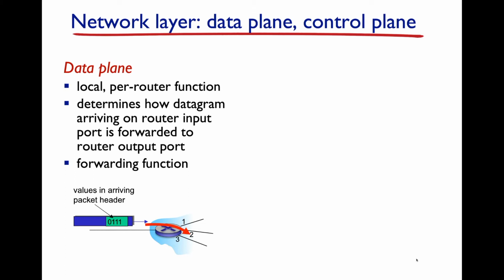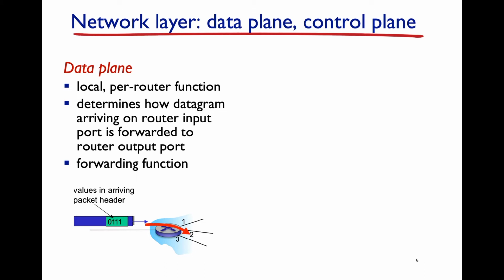There's a switching function involved, and the piece of information used to determine on which output port the datagram goes out is the internet address, the IP address. The IP address is a number, and we'll talk about its structure, and this number is encoded in binary. Based on that binary value, a determination is made using a table to look up which output that datagram with a certain set of addresses should be forwarded.